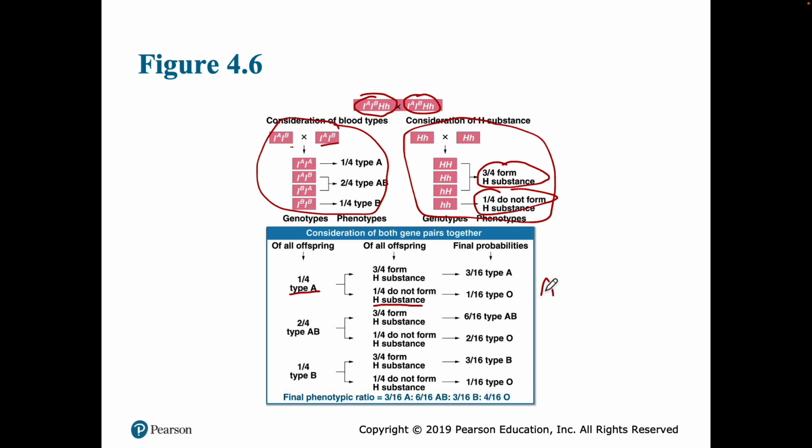So you would think they should be type A, but it turns out the phenotype is O. We see the same thing here, AB, but they do not form the H. So they should be AB, but because they don't form the H, even though genetically they should be type AB, they're actually O. And we have that final example here where the individual is type B, but does not form the substance. So even though they should be type B, they are in fact type O.